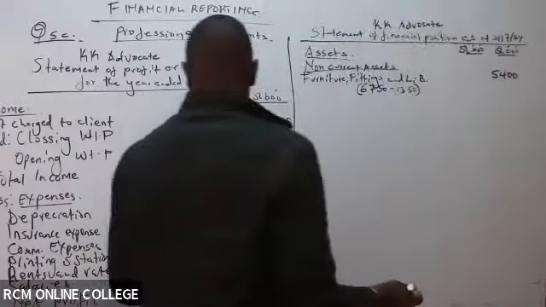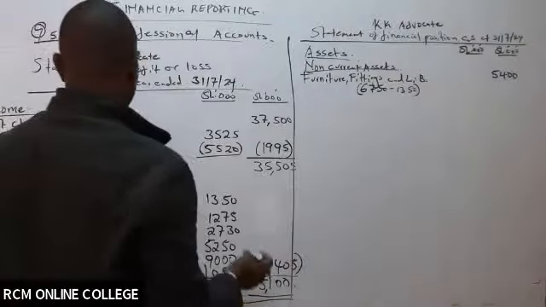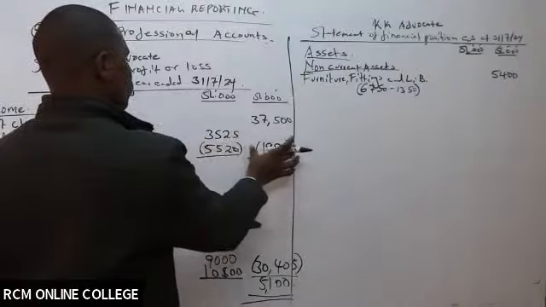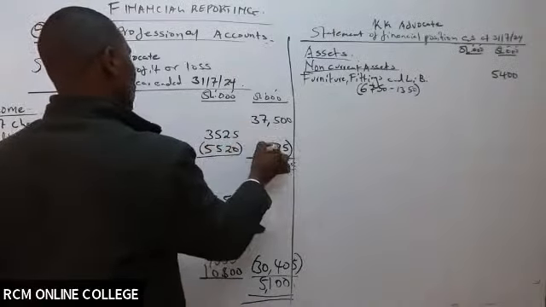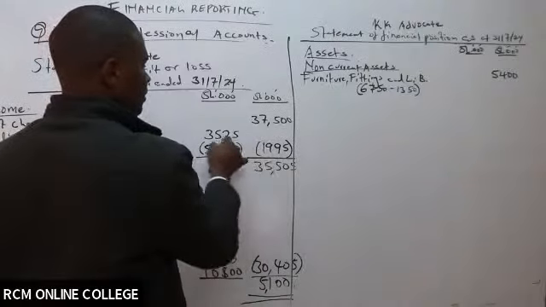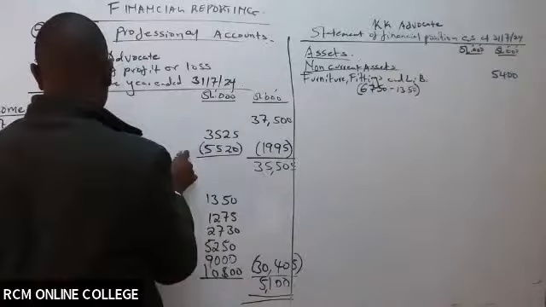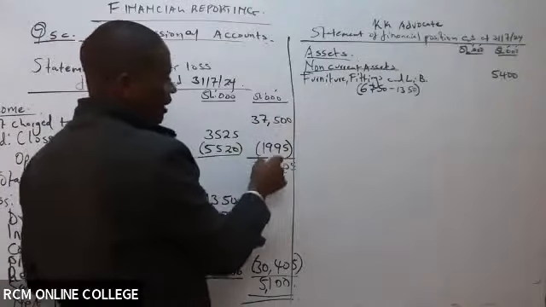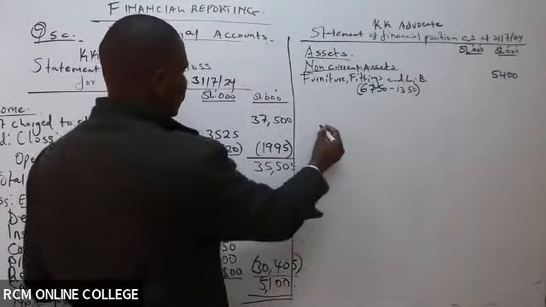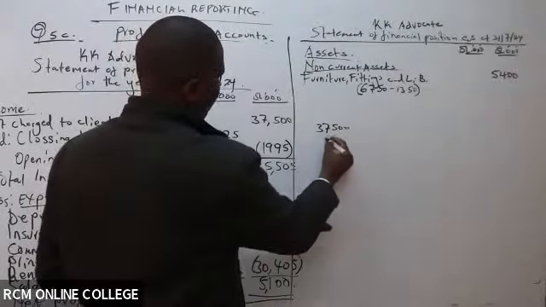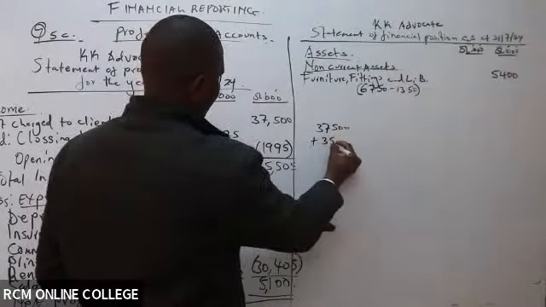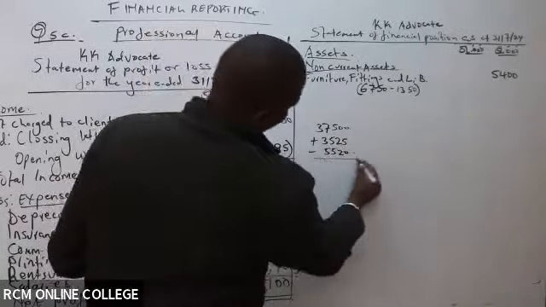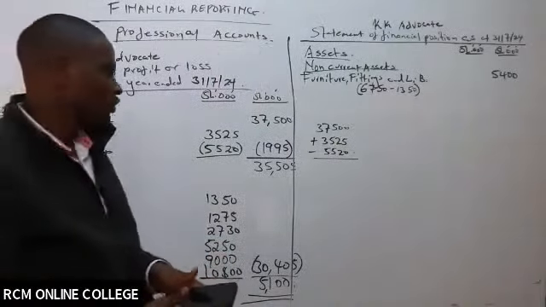5400. So guys, let's come back here. Dorcas, for them to get this, now it is a negative from this. This negative is derived from this. Already, the negative of leasing is here. So when we come to this, it will be just this minus this, direct. It is the same as saying 37,500 plus 3525 minus 5520. Dorcas, try that.